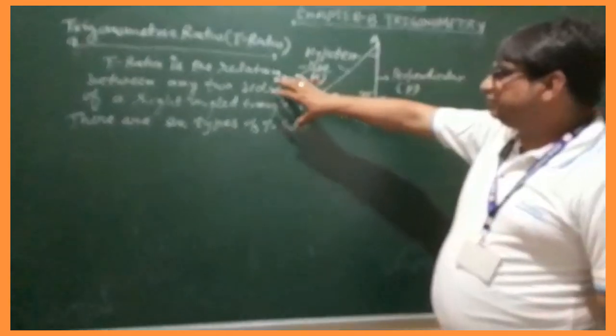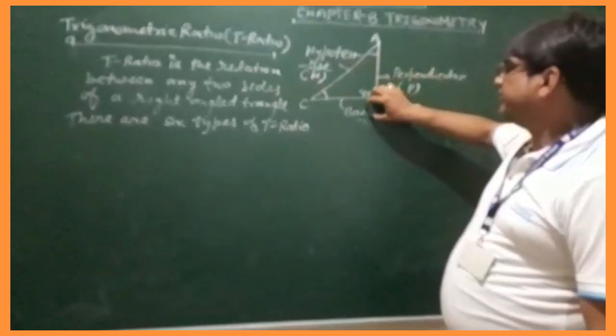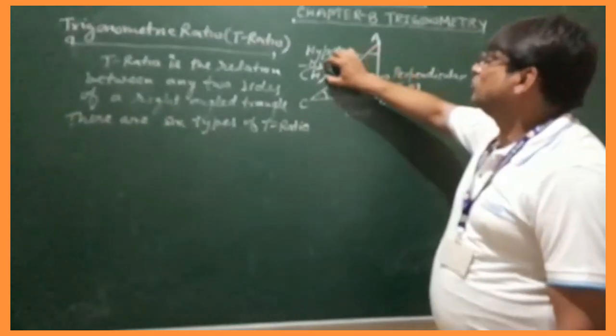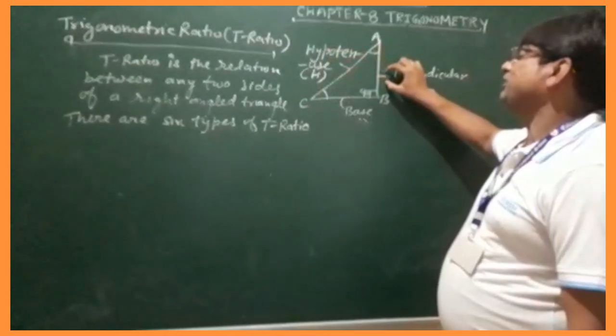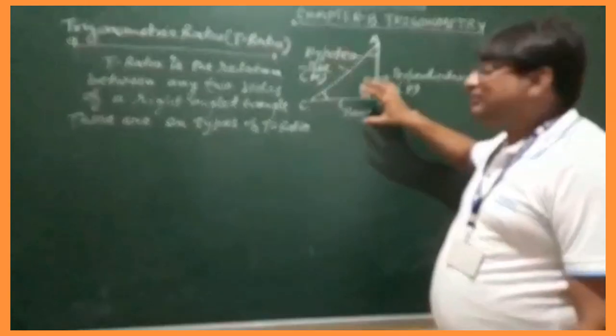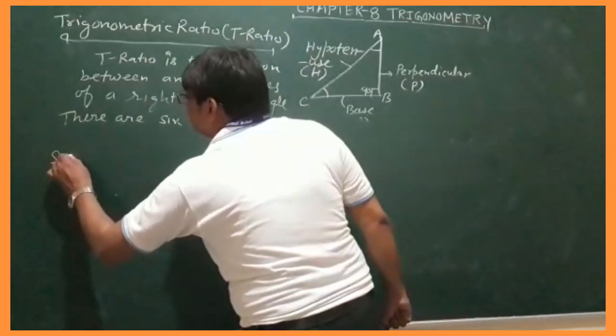Student, T ratio is the relation between any two sides: perpendicular by base or base by perpendicular, perpendicular by hypotenuse or hypotenuse by perpendicular, base by hypotenuse or hypotenuse by base. There are 6 types. First is what?